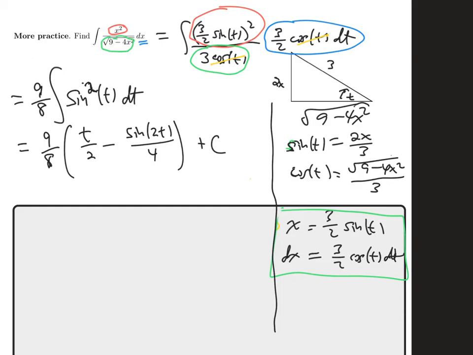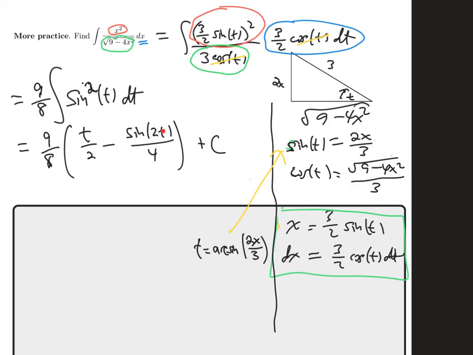So let me do the one that's closest to being solved already, this one up here. If sine of t is 2x over 3, that means t is the arcsine of 2x over 3. So in my integral formula, that t right there could be replaced with the arcsine of 2x over 3.